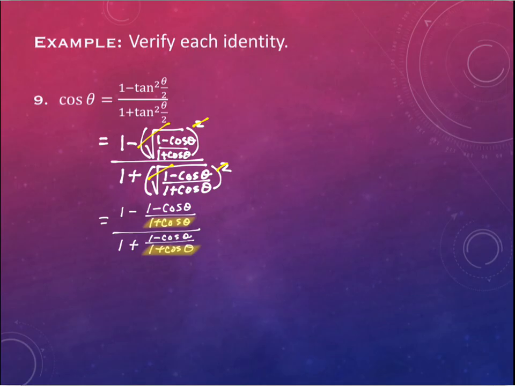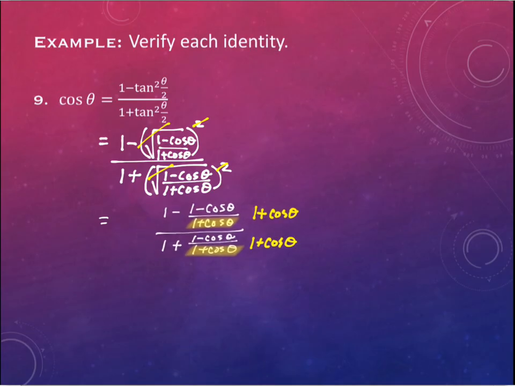So I'm going to choose to multiply by 1 plus cosine of theta, and I'm going to do it on the top and on the bottom. And you can see that I have multiple pieces, so I'm going to do it on the left and on the right, just so that it doesn't cancel out in a way that I forget that I had it there. So on the right-hand side, these cancel.